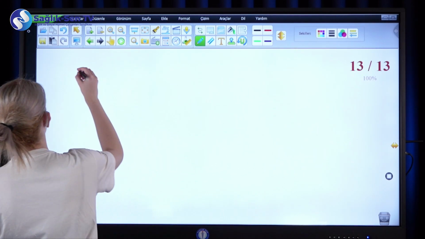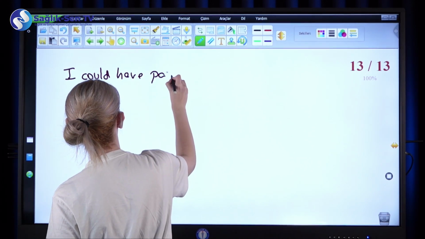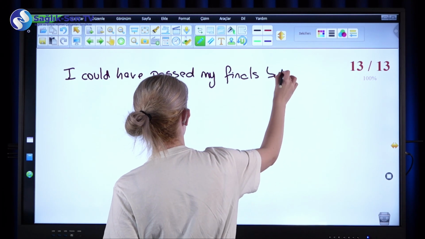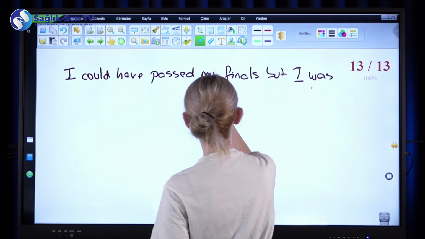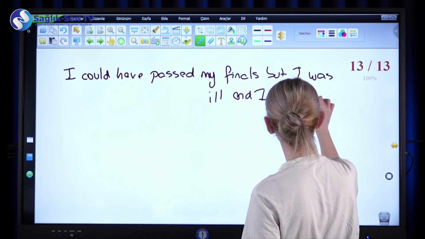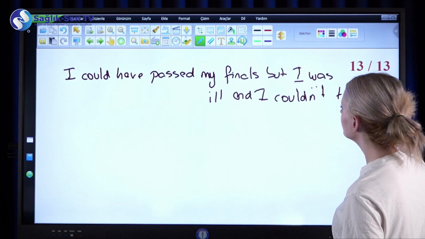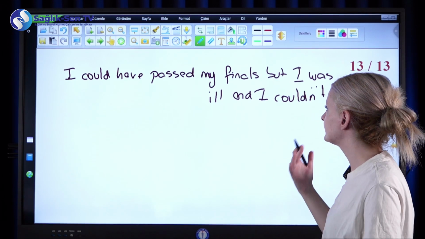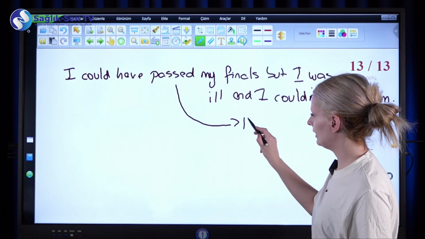For example, I could have passed my finals, but I was ill and I couldn't take them. Again, there was a possibility that I could have passed those tests, those finals. There was a possibility, but I didn't.